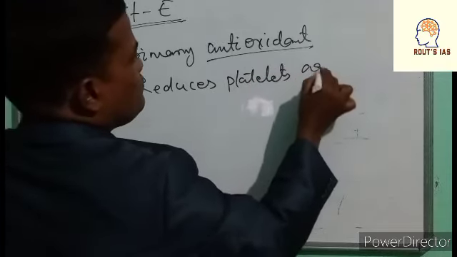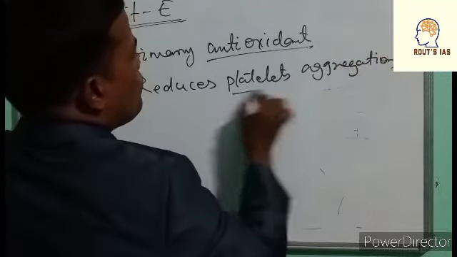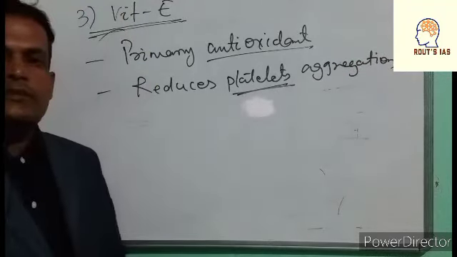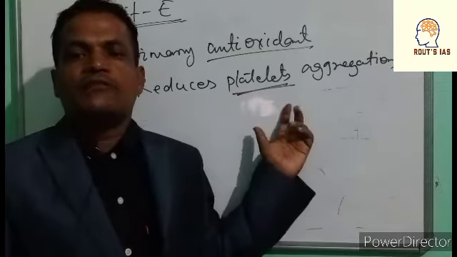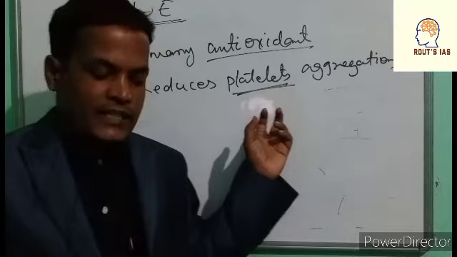Platelets are called thrombocytes, one type of blood cells along with WBC and RBC, which help in clotting.